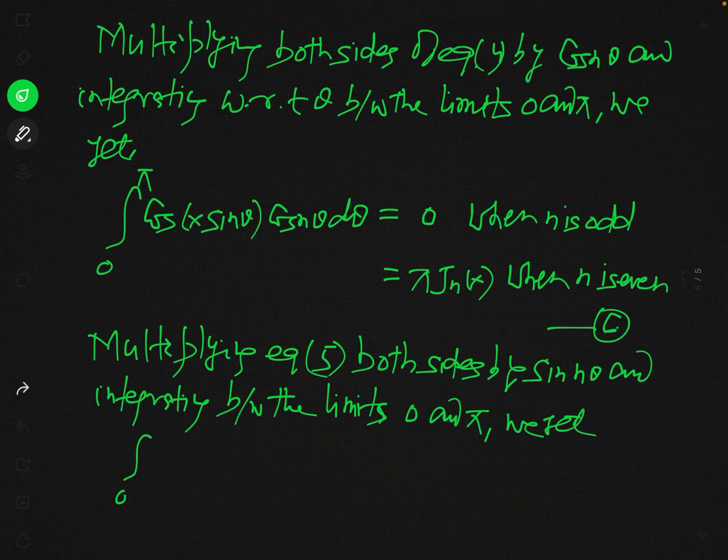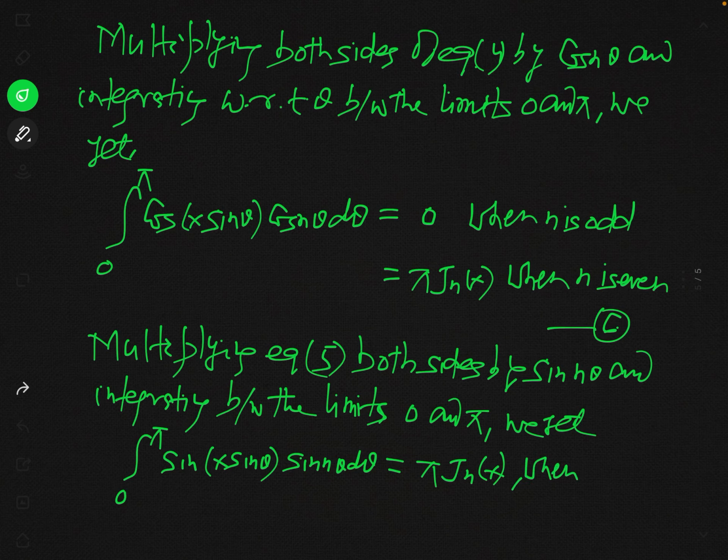in this condition our result will be integral 0 to pi sine x sine theta times sine n theta d theta, and that will be equal to pi times Jn of x when n is odd, and this will be equal to 0 when n is even.